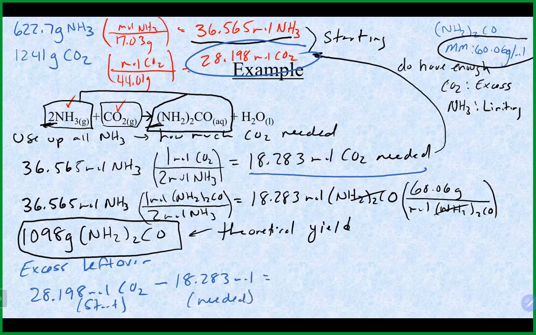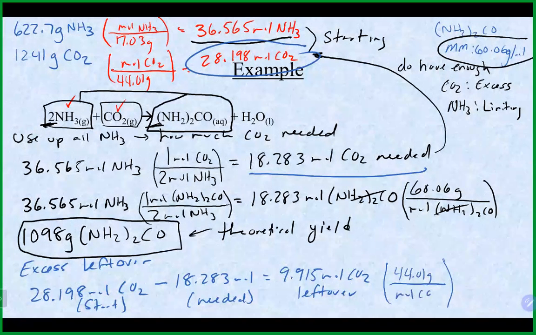Tells us that at the end of this reaction, we should have about 9.915 moles of CO2 left over. And we can use the molar mass that was provided to us as well, which is 44.01 grams per mole for CO2, if we want to know how many grams that would represent, and it would represent about 436.4.